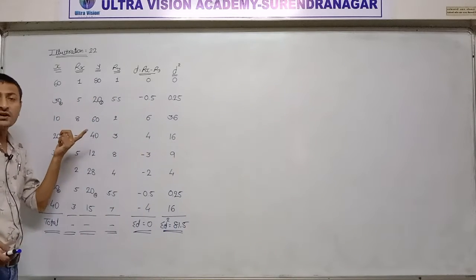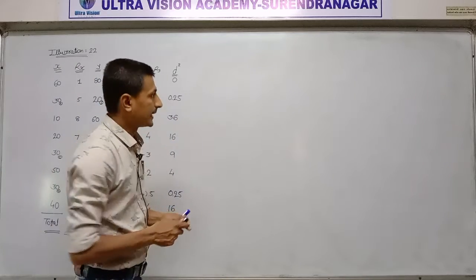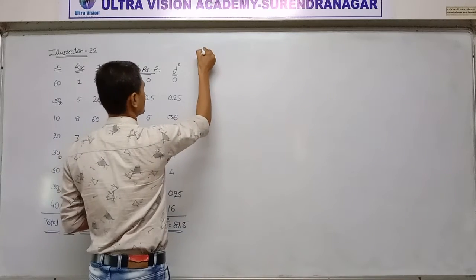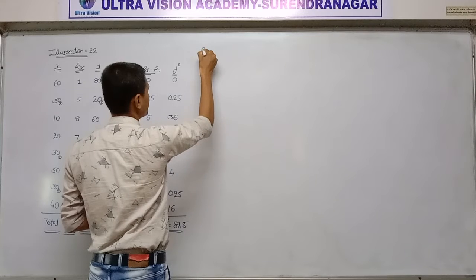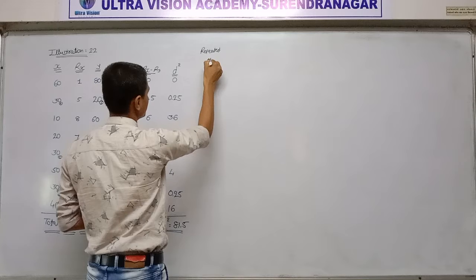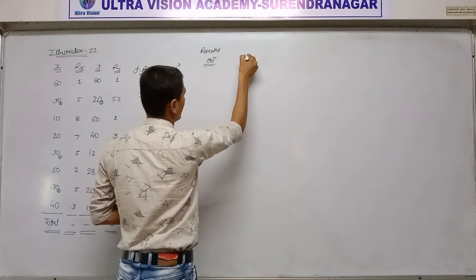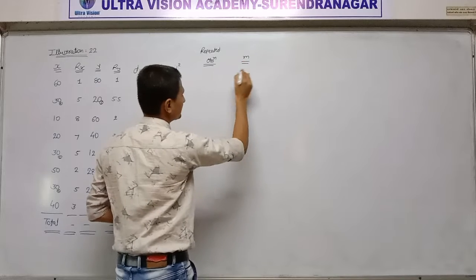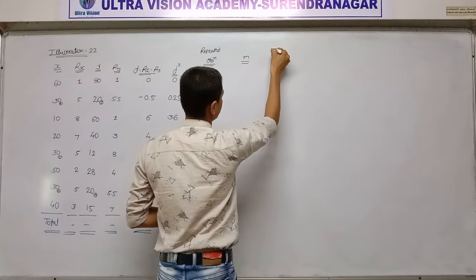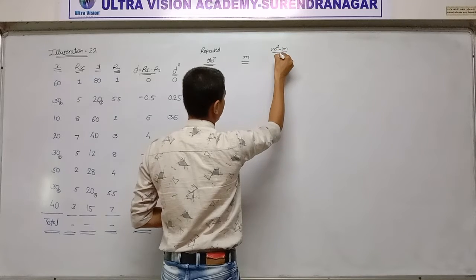Observations are repeated in both variables x and y, so draw the correction factor table. The first column is the repeated observation, then m, the number of times the observation is repeated, and last m cube minus m by 12.